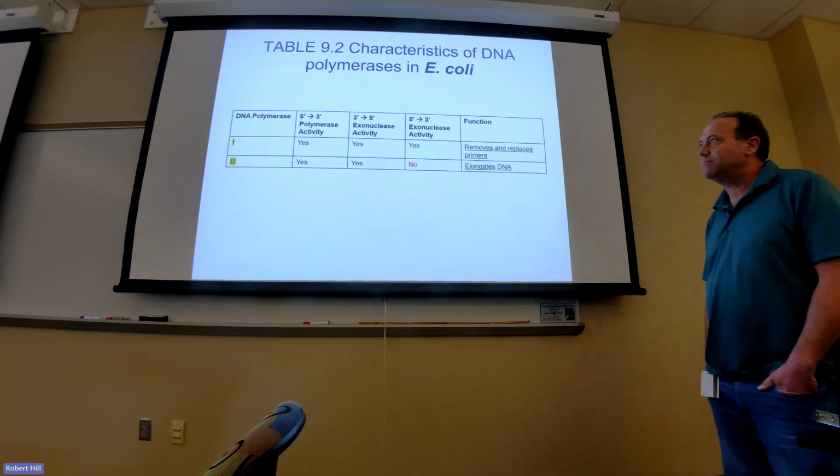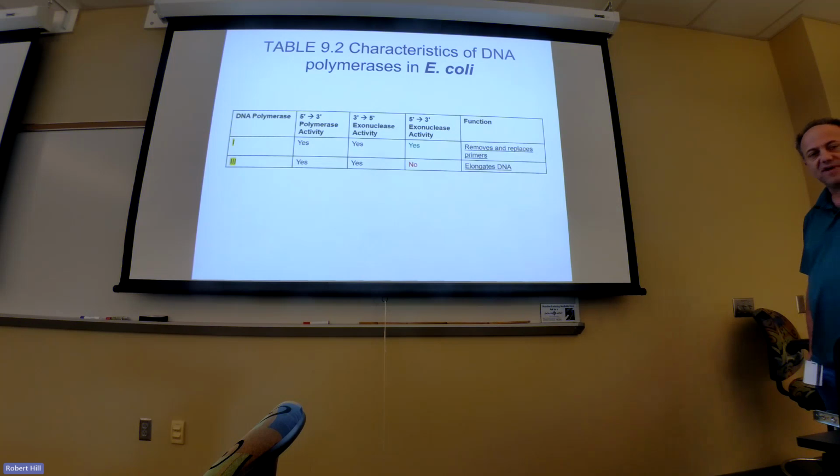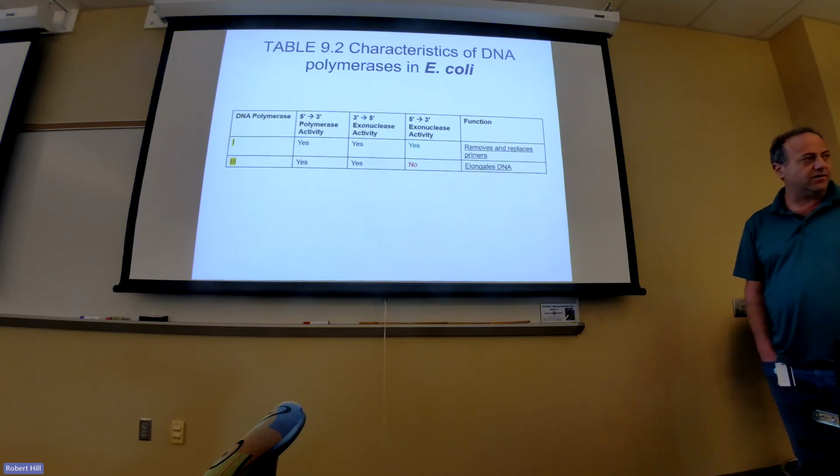Looking at pol 1 and 3, they both have 3' to 5' exonuclease activity, but only pol 1, which is the one that's replacing the primer, has 5' to 3' exonuclease activity. So which exonuclease activity do you think is going to be used in replacing the primer? 5' to 3'. We'll see that here in a little bit.